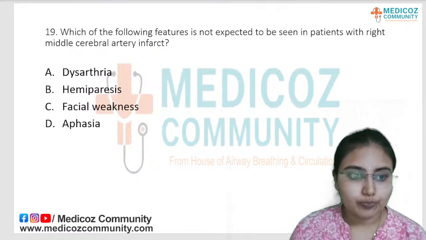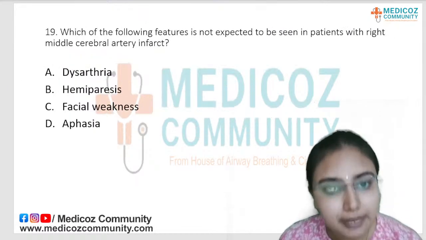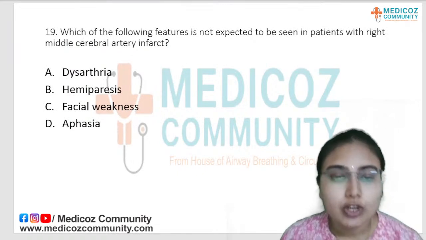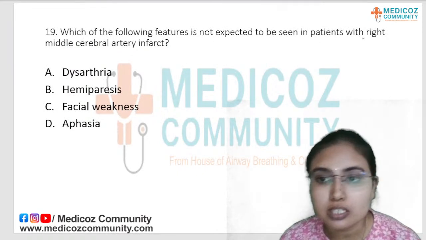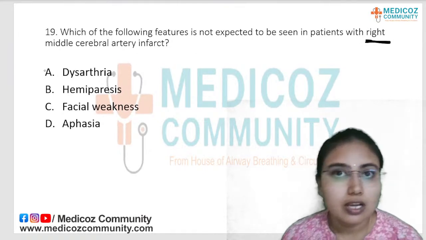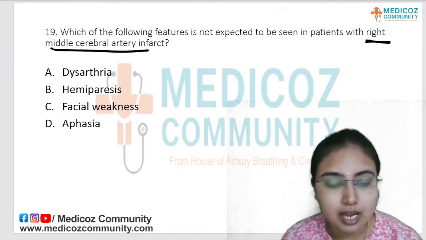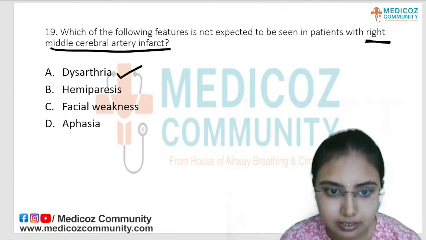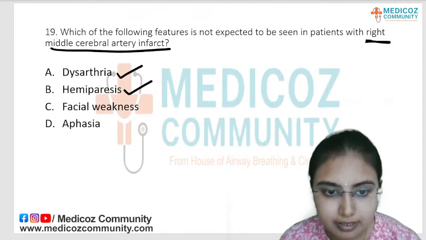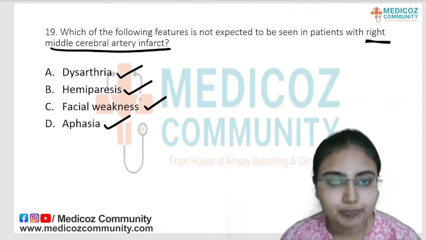Okay, chalo. So this is a very, very simple, very easy question. Which of the following features is not expected to be seen in patients with right middle cerebral artery infarct? Is it A, dysarthria, B, hemiparesis, C, facial weakness, or D, aphasia?